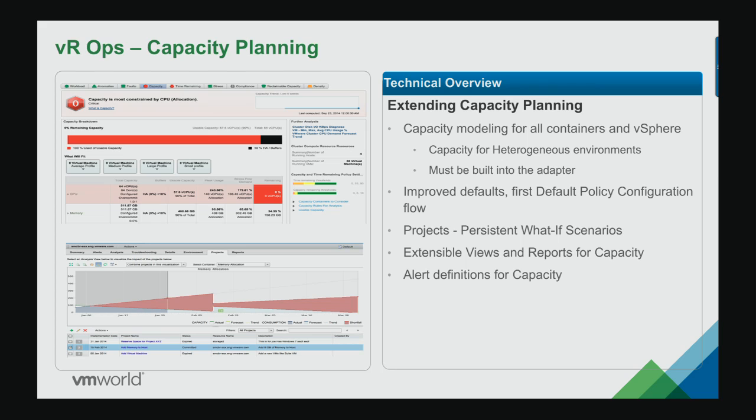So any of the adapters that you install, so let's say you install the NetApp adapter, the EMC adapter, if we have all the appropriate metrics for the capacity metrics that we require, we can actually help you even do capacity management, capacity forecasting, capacity planning around that also. Okay?